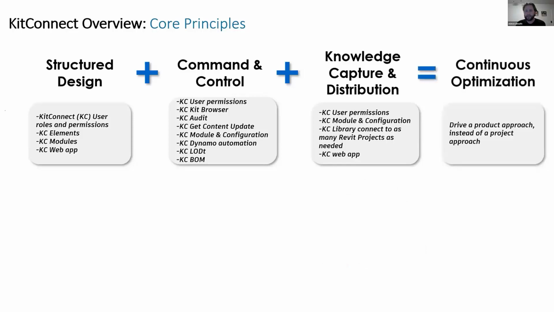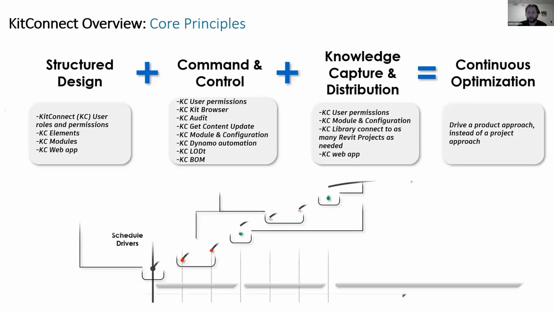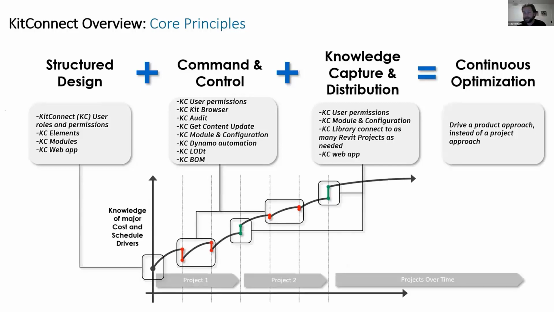And then what we really like to show here is with all of these things in conjunction, you're going to get continuous optimization. And this is one thing that Project Frog has really reaped the benefits of, is every single project we do, because we use KitConnect, is going to enable us to go to the next project with the same lessons that we've learned from the previous project, because we're editing it in a library.